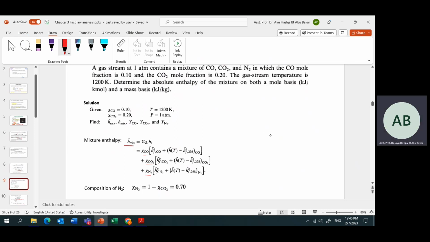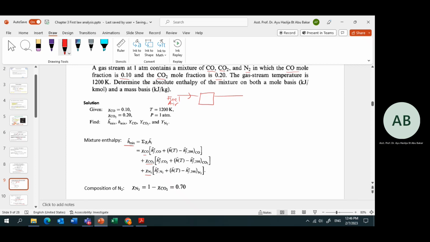contains a mixture of CO, CO2, and N2, in which the CO mole fraction is 0.1 and CO2 mole fraction is 0.2. Okay, you have a combustion system where here it doesn't mention what type of fuel is used, plus the air.